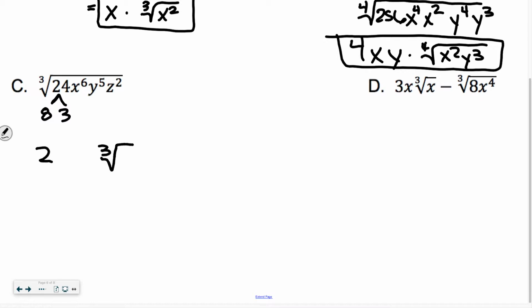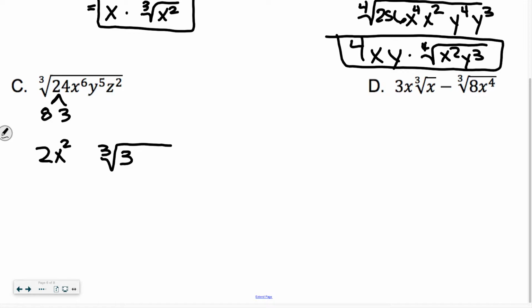The cube root of 3 is going to stay underneath. And then I just do my letters one at a time. I'm going to start with the x's. This would be 6 divided by 3. 2, remainder is 0, so I don't need to put an x underneath.